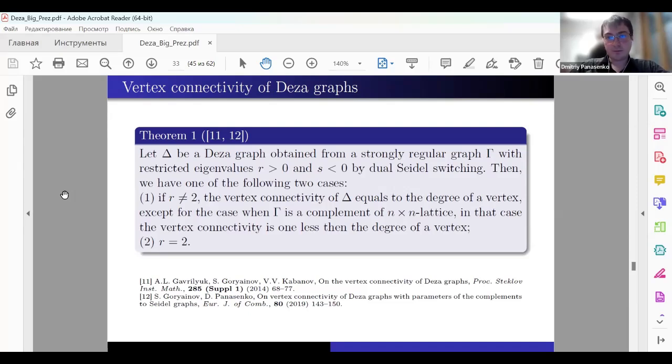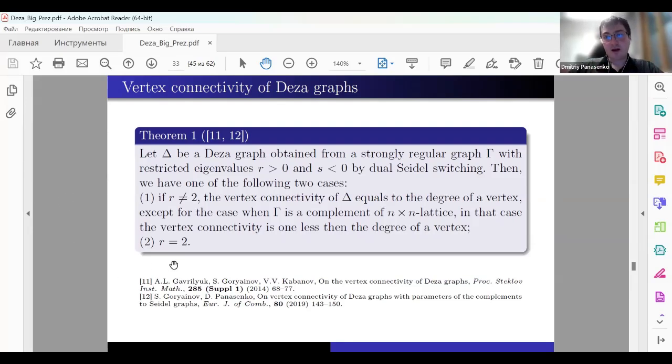Let delta be a Deza graph obtained from a strongly regular graph with eigenvalues R, which is a positive eigenvalue, and S, which is a negative eigenvalue, with a construction called dual Seidel switching. I will not be going into details during this talk, but maybe a bit later if we have time. Then we can have two following cases.